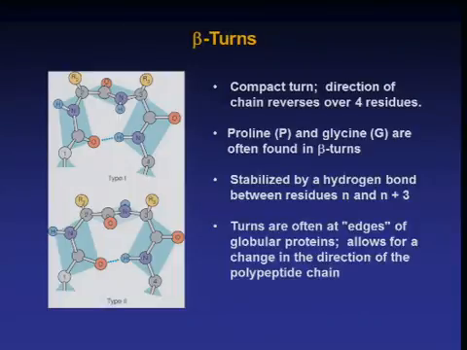So for the most part, we're talking about alpha helices, we're talking about beta sheets, and then if you have sequence that's neither in a beta sheet nor an alpha helix, we would call that random coil. All right? It's not really adopting a secondary structure. Not all of the sequence in a protein is contained within a secondary structure.